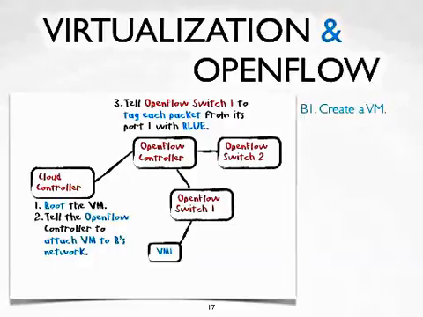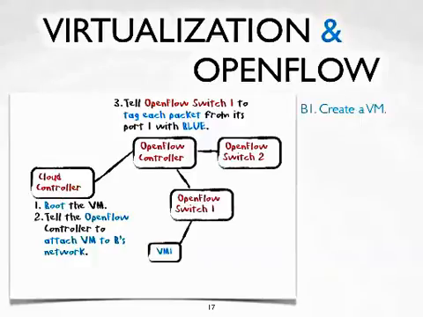The first request is: create a VM for me. Create VM goes to the cloud controller, and the cloud controller first boots the VM using whatever technologies it uses. So a VM is booted here. Then it tells the OpenFlow controller that my VM is hosted on Hadi's laptop, there's an interface attached to it, and to attach this VM to user B's network. So the OpenFlow controller knows there's a VM on one of the machines connected to switch 1.